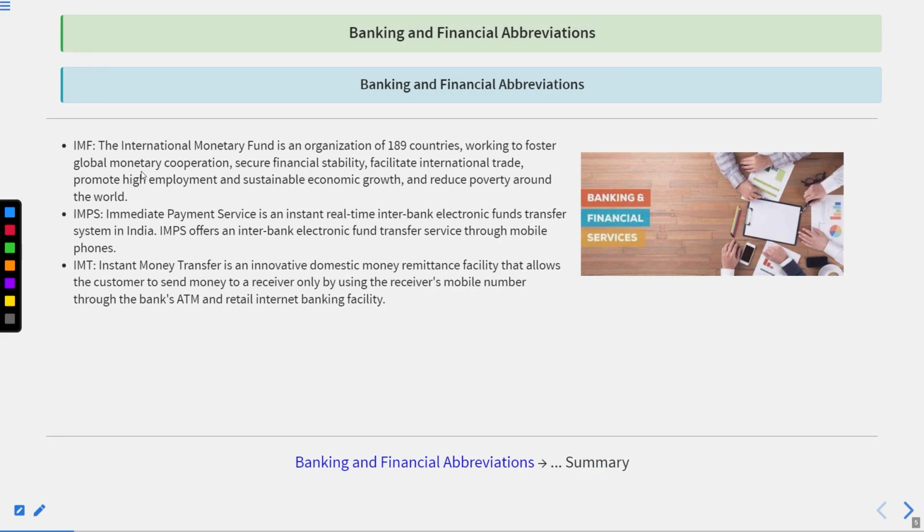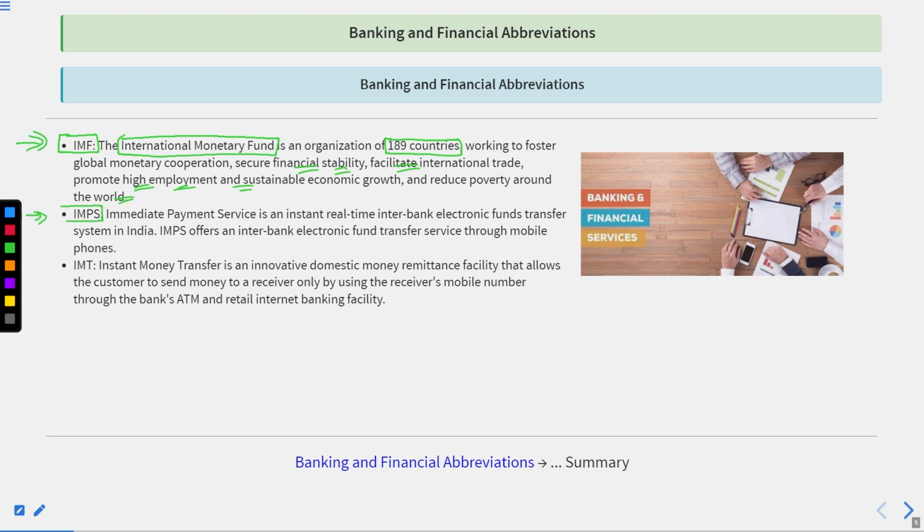The IMF, International Monetary Fund, is an organization comprising 189 countries working to foster global monetary cooperation, secure financial stability, facilitate international trade, promote high employment and sustainable economic growth, and reduce poverty around the world.